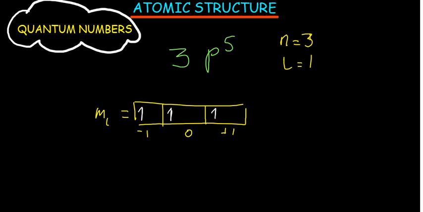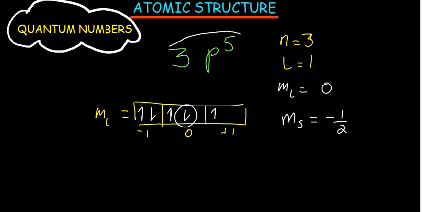Now we start putting electrons down. This is the fifth electron we are referring to. We can see that ml is 0. That is the magnetic quantum number. And ms, the electron spin, is pointed down, so it is negative half. So these are the 4 quantum numbers for the 3p5 electron.